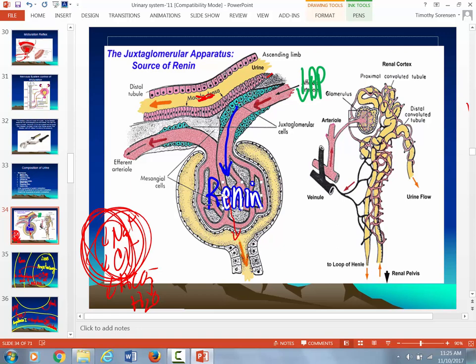If renin was released because your blood pressure is low, then renin's going to make your blood pressure go up. And it does that by activating the Renin-Angiotensin-Aldosterone mechanism. Say yes. Probably the most powerful and long-lasting effect is the effect of aldosterone. Aldosterone can last for weeks in the blood.